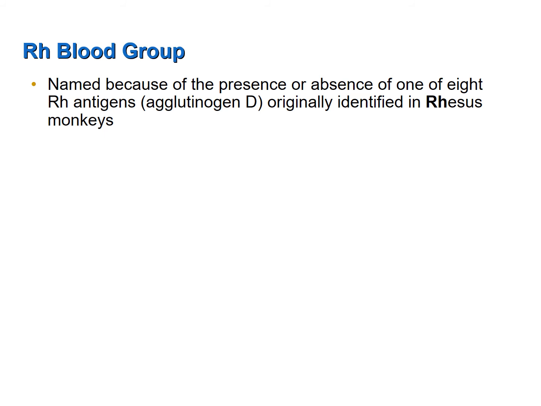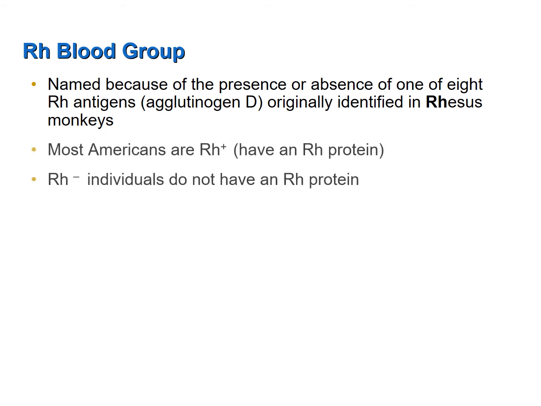So if you have the agglutinogen D present on the plasma membrane of your red blood cells, you are considered Rh positive. Most Americans are Rh positive. If you do not have the agglutinogen D antigen present on the plasma membrane of your red blood cells, you are Rh negative.